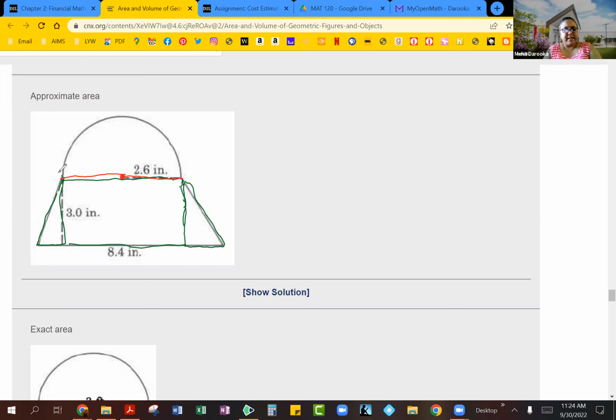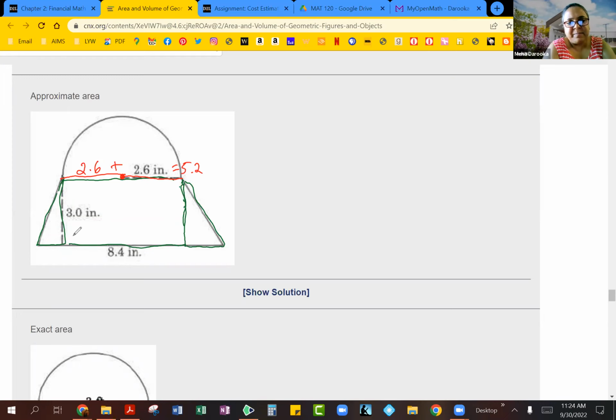What would our total length be on the top once you extend that out? Yeah, very nice, Michael Brooks, very good. So you just take 2.6 and you double it, which of course gives you the 5.2. So this would be another 2.6. And when you add the 2 together, you would end up with 5.2 inches.